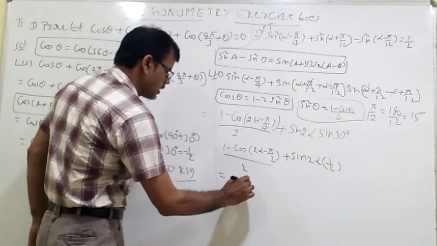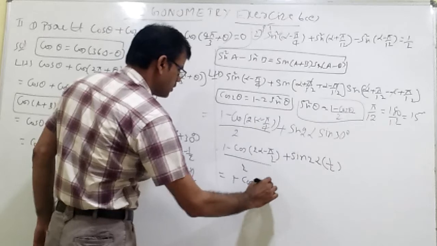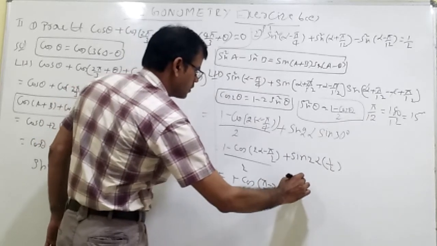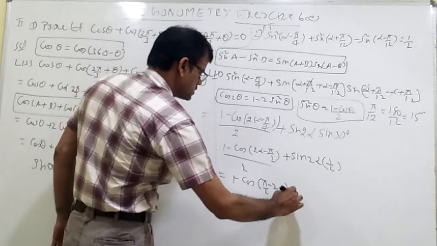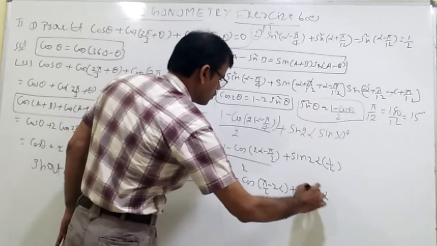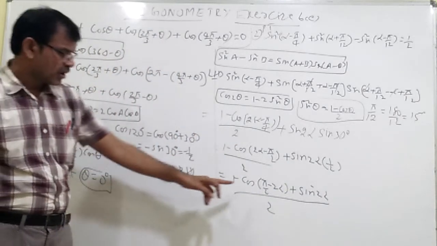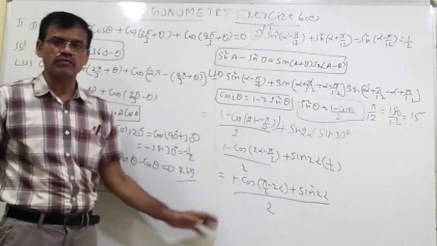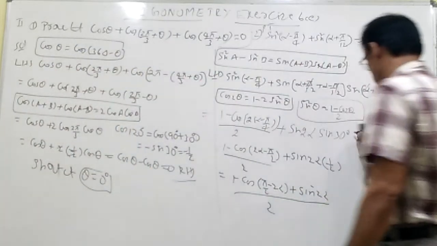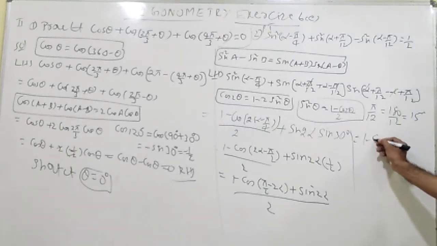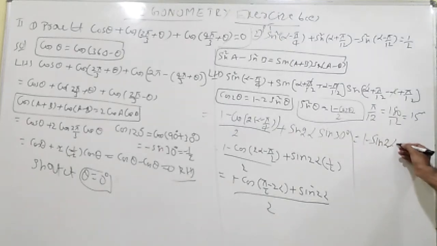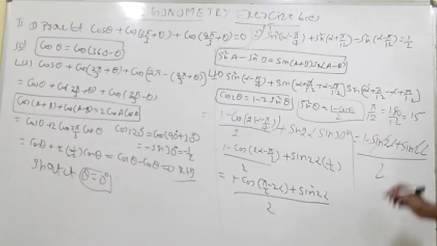In reverse I am writing here cos of pi by 2 minus 2 alpha plus simply sin 2 alpha, whole by 2, taking the LCM for this one 2, for this one 2. Now cos of 90 minus theta is always sin theta. So the next step you can write as 1 minus sin 2 alpha plus sin 2 alpha whole by 2. Minus sin 2 alpha and plus sin 2 alpha got cancelled. Now you got the value 1 by 2, that is nothing but the RHS.